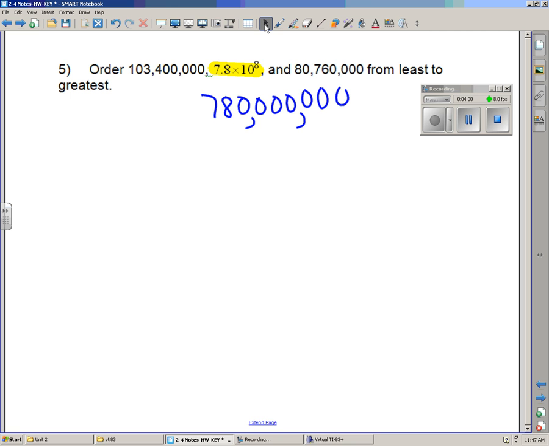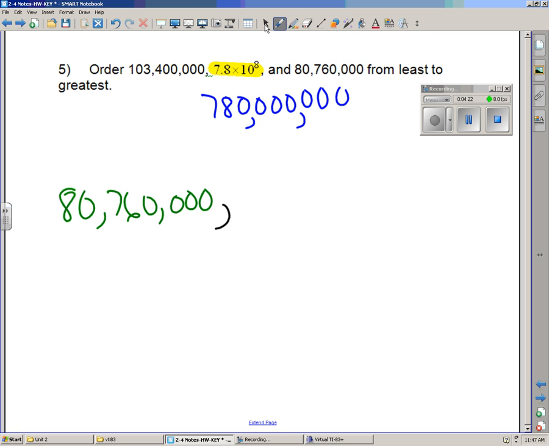So if I want to order these numbers from least to greatest, I realize that the least number up here is 80,760,000. And I'm going to write that first, the way that it was given to us. That would be followed by the next number, which is 103,400,000.